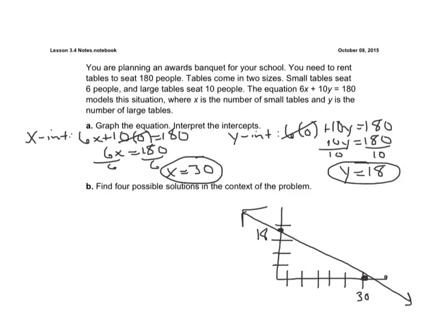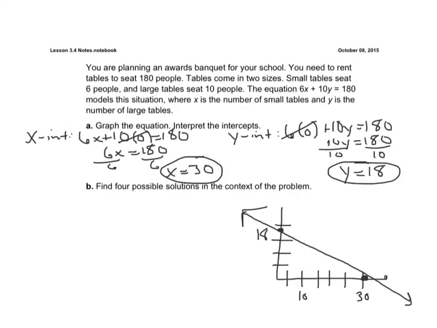Okay, so what part B is asking, find 4 possible solutions. We're going to pick out points on this line where it gets us to whole numbers. Now, this would be easier with graph paper. Okay, this isn't going to be very exact. But, for example, let's trace over, let's say we're going to go to 10. Okay, 10 right here on our x-axis. That means 10 small tables.